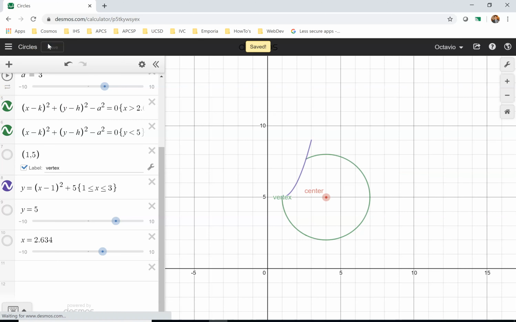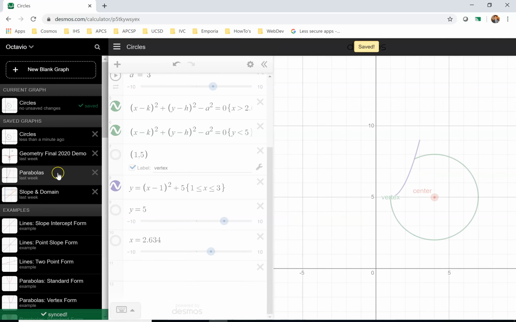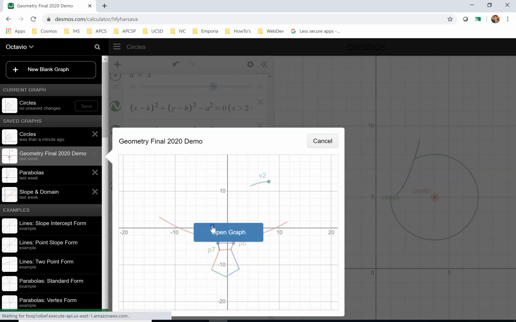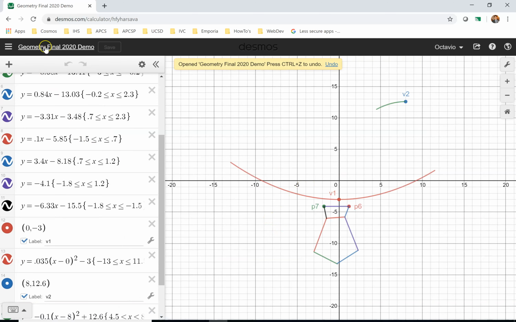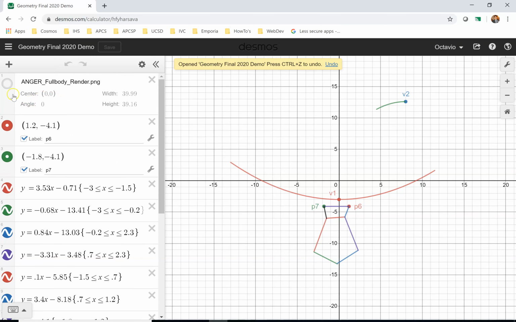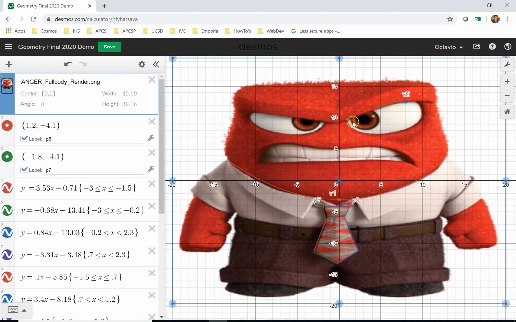Let me save this for a minute, and let me go in here and open this graph. You see here there's a circle, but the circle itself is not a full circle because the eyebrow goes right through it. So when I make this circle, I would want not the entire circle, only a portion of the circle.